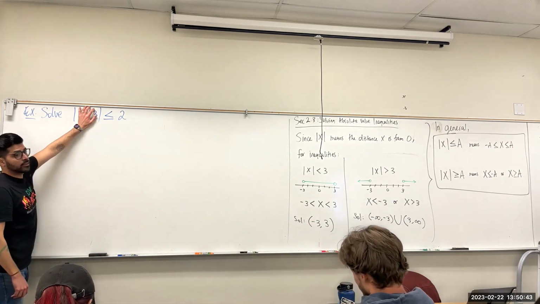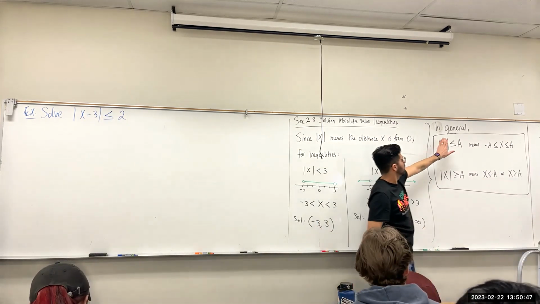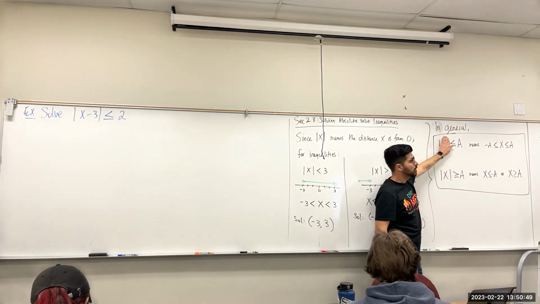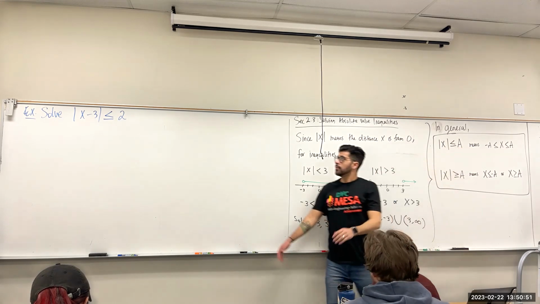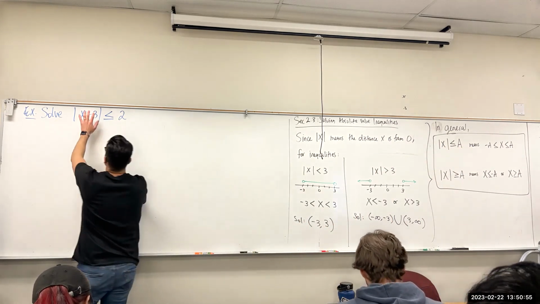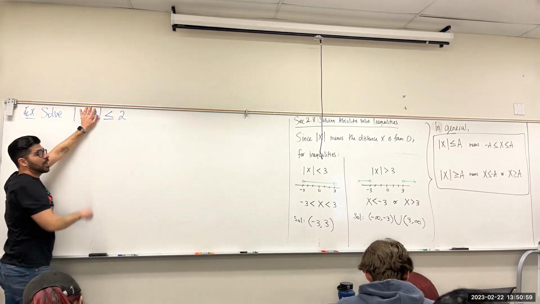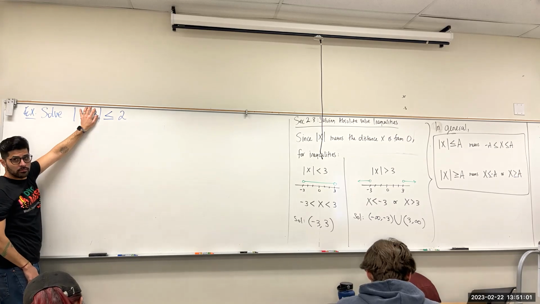Everything inside of the absolute value, think of it like this x here, the whole thing inside of it. And this A, think of it like the 2. So it's saying you want whatever is inside here to be less than 2 units away from 0.